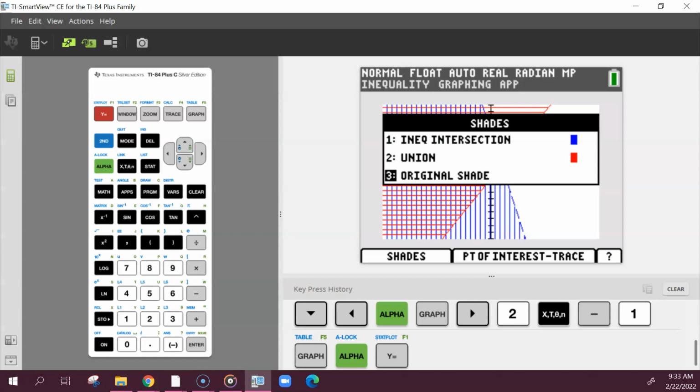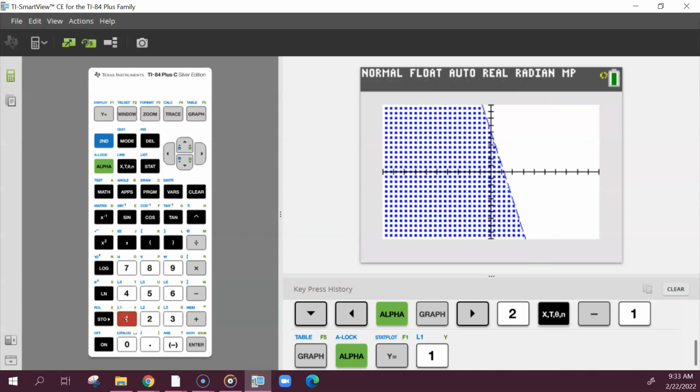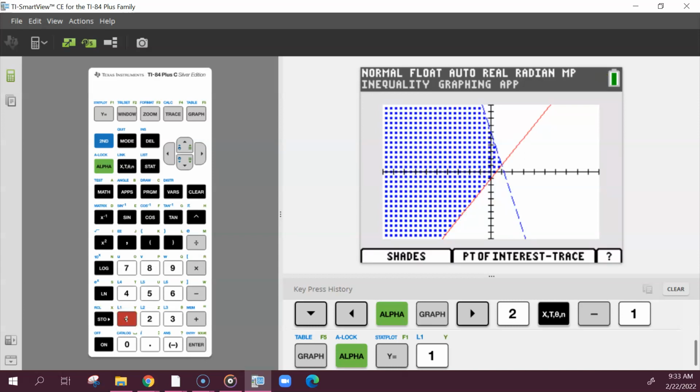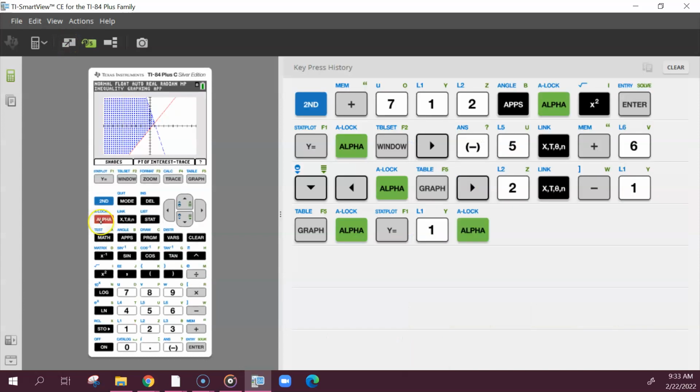But what we really want is the first one. Because what happens is it graphs both and then takes whatever is not in the overlapping region away. So this would just be where they overlap. So how do you do that? Alpha y equals to get in the shades, got it?